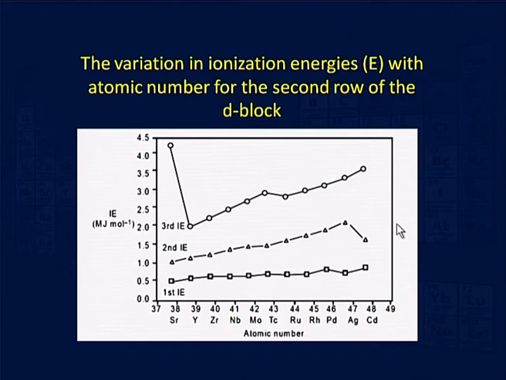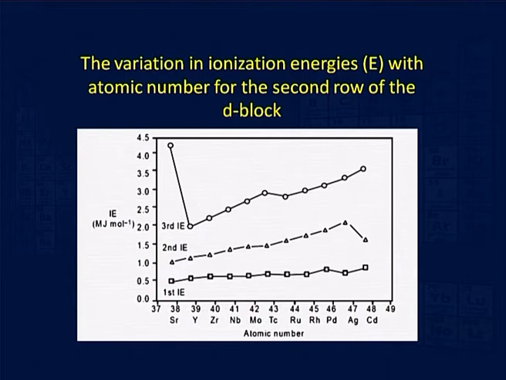This figure shows the variation in ionization energy with atomic number for the second row of the d block. You can see that more than one ionization energy, that is first, second and third ionization energy, is plotted against the atomic number in this figure, and a very similar trend is found for all three ionization energies.